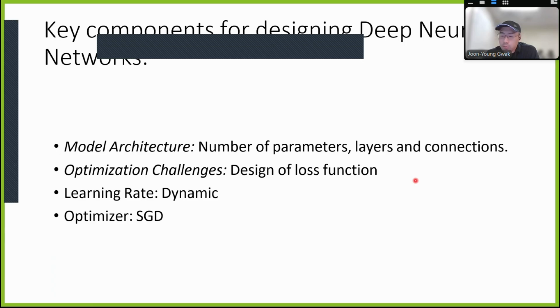And also, we would want to come up with a learning rate. When we update the weights of the model in the direction where the gradient is steepest, we also want to select the step size, the degree to which we update the weights. That would be the learning rate.